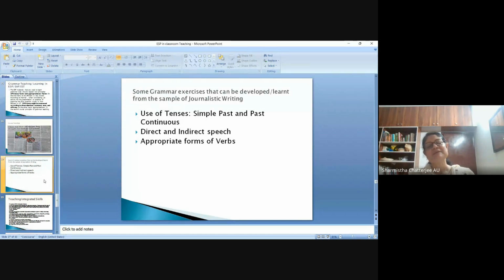Indirect speech. Like Pavitra of class 7, he quotes, say, school is such a fun place now. So it's a direct speech. So when you are teaching them to report something, then you are also teaching them indirect speech, appropriate forms of verbs.